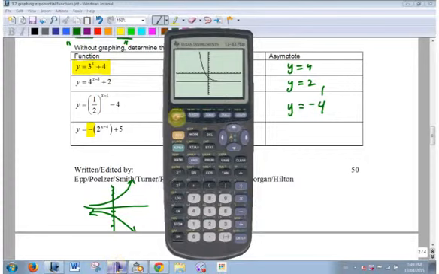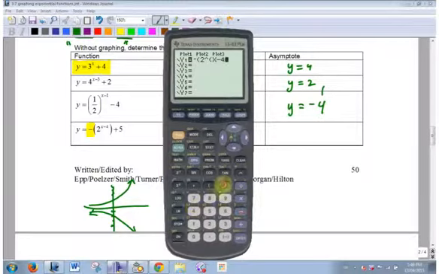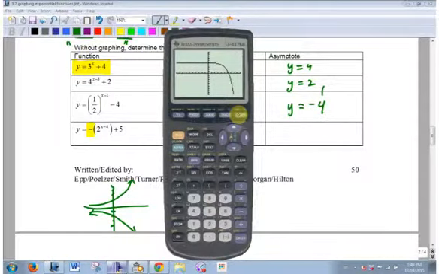Well, let's do it now. So negative, well, let's put it in just like it is. Negative (2 to the power of (x minus 4)) plus 5. So up 5, but it's reflected.